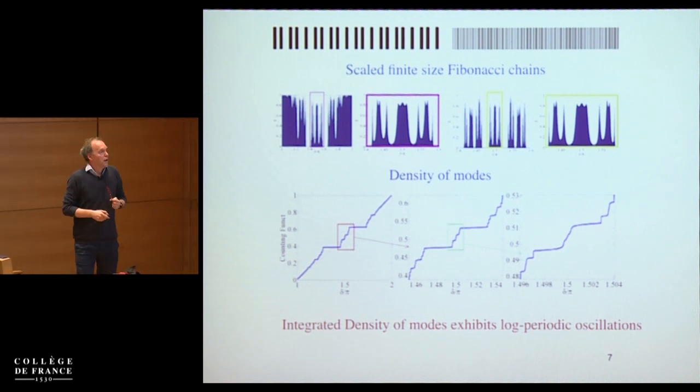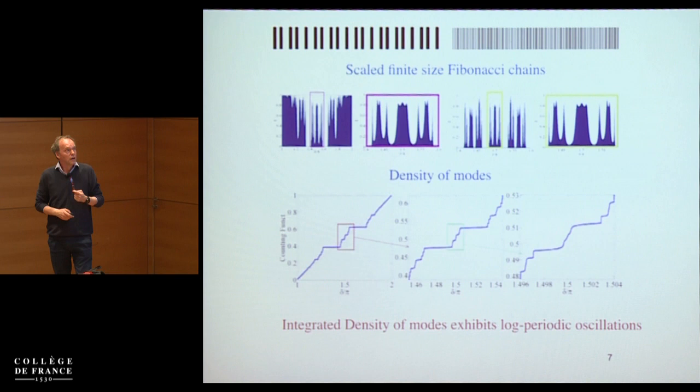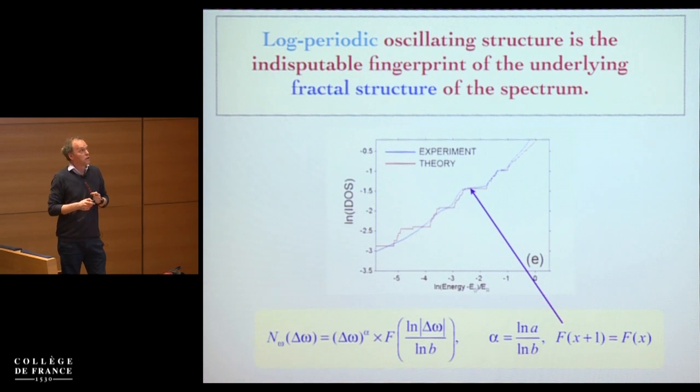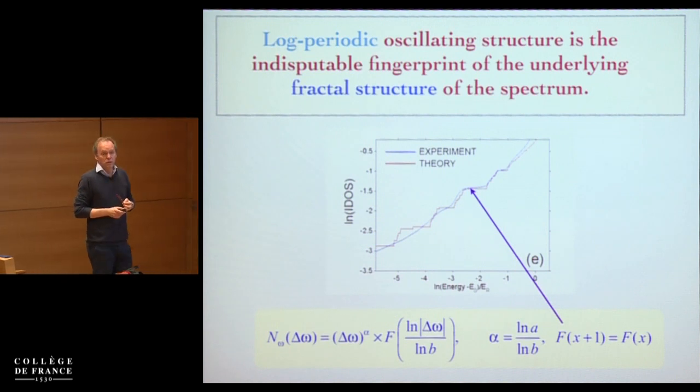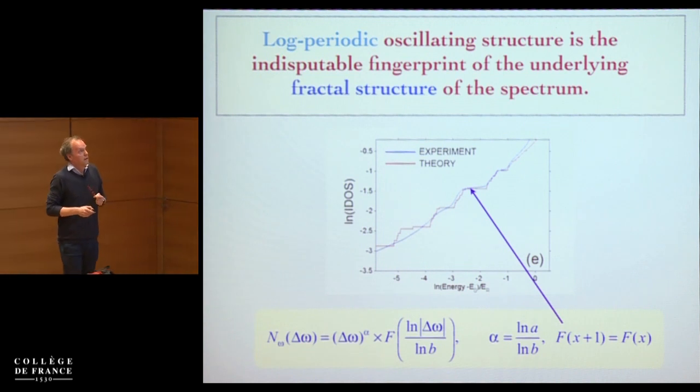This integrated density of modes exhibits also log-periodic oscillations, and this is what I presented last week. Those log-periodic oscillations are visible both theoretically, of course, and experimentally, using the polariton experiment done at LPN Marcoussis.